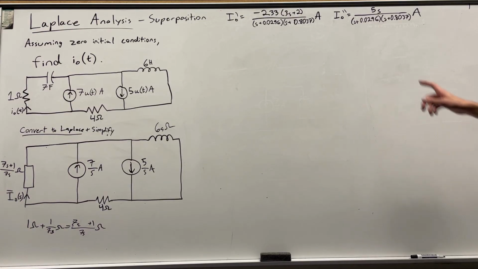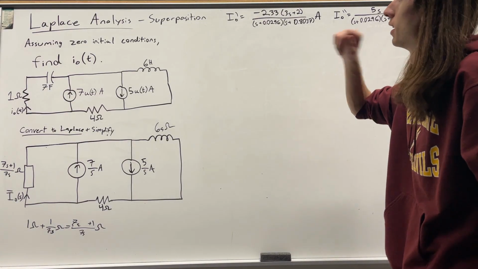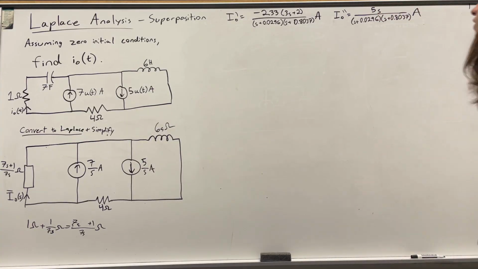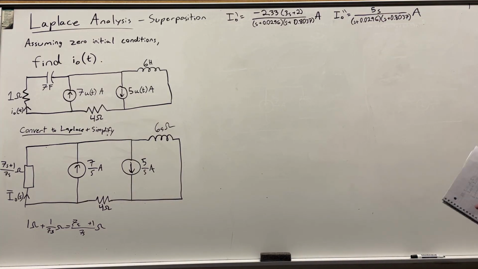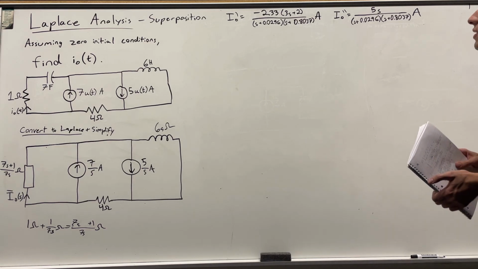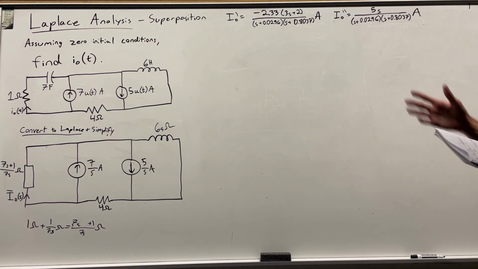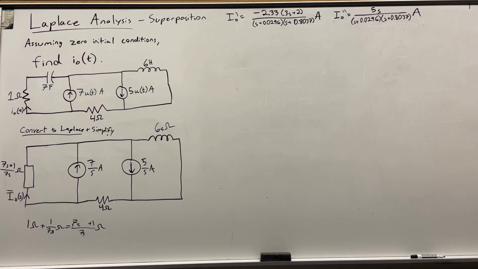Okay, so using superposition, we found I naught prime to be negative 2.33 times 3S plus 2 over S plus 0.0296 times S plus 0.8037, that is in amps, and then I naught double prime to be 5S over the same denominator, also in amps.